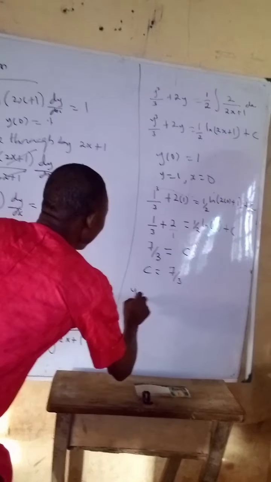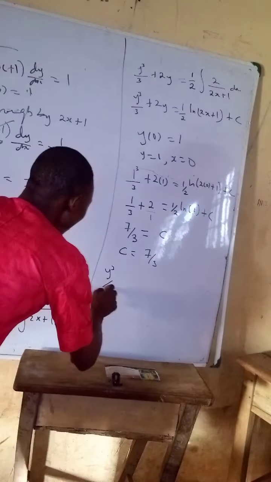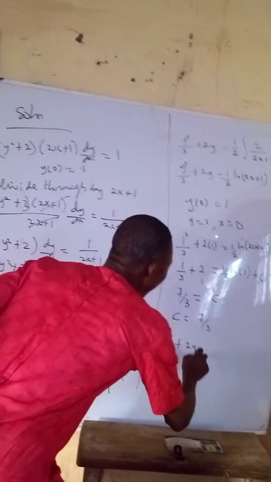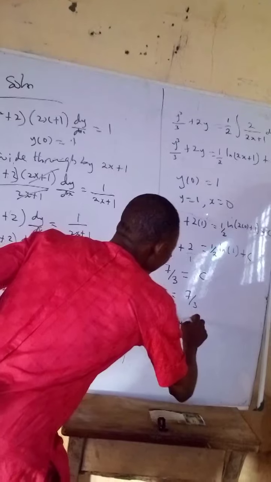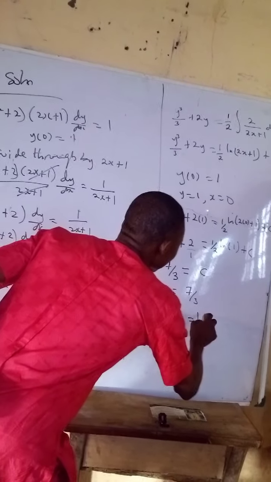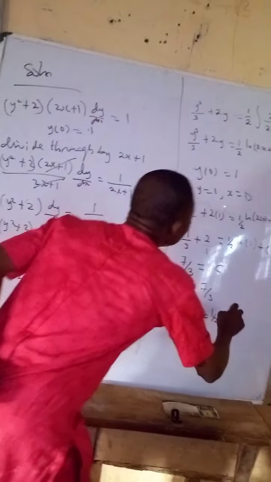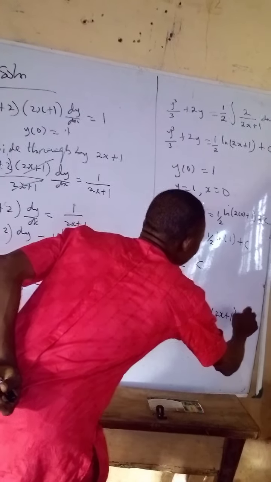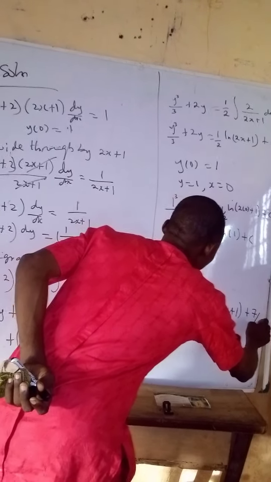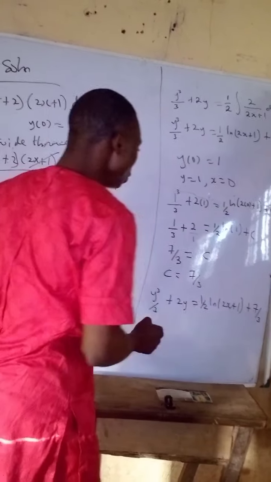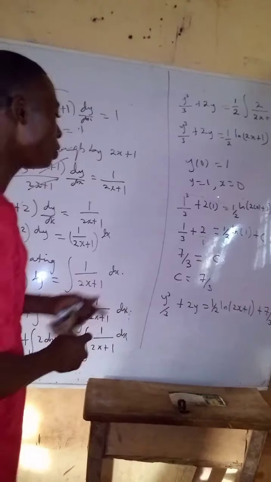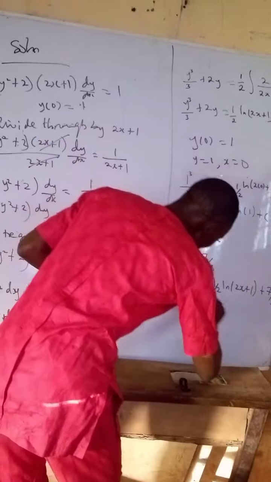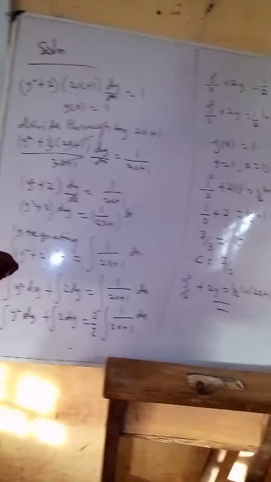So here we have y cubed over 3 plus 2y equal to 1 over 2 ln of 2x plus 1 plus 7 over 3. So with this, you agree with me that this is a solution to this differential equation.